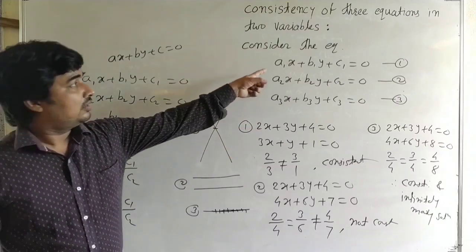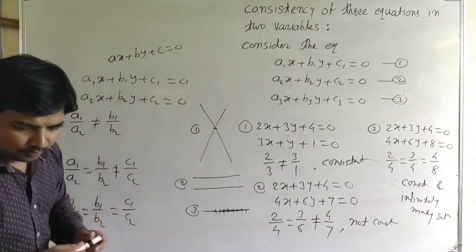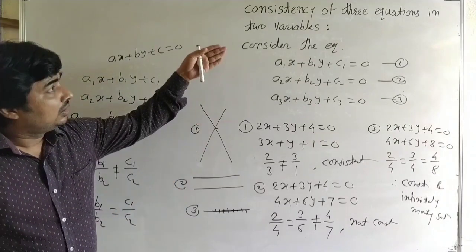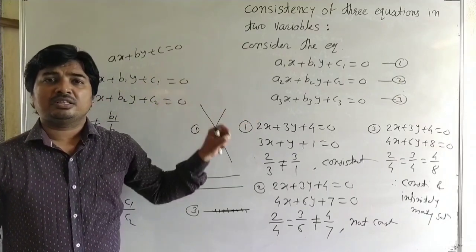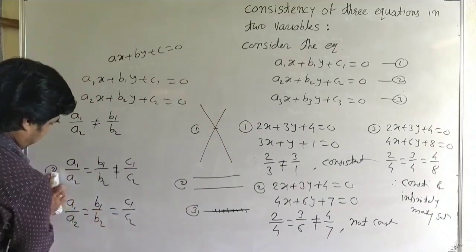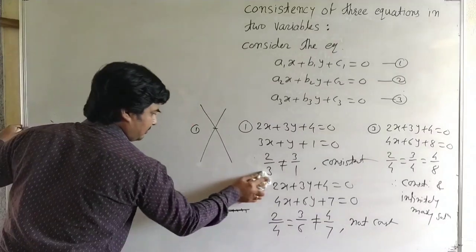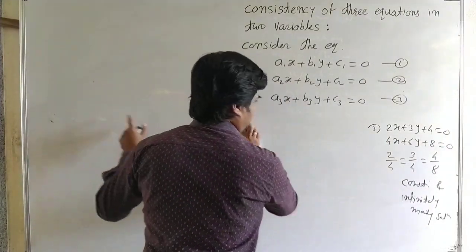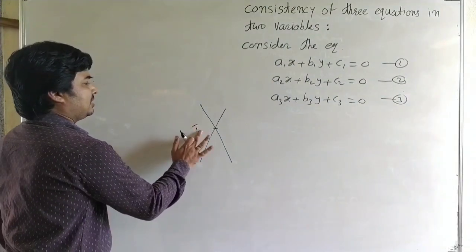But now here we are given three equations. Now the condition for the consistency of three equations in two variables. Okay, see carefully, three equations in two variables, and consistency means they have a common solution. Now here three equations, first, second and third.